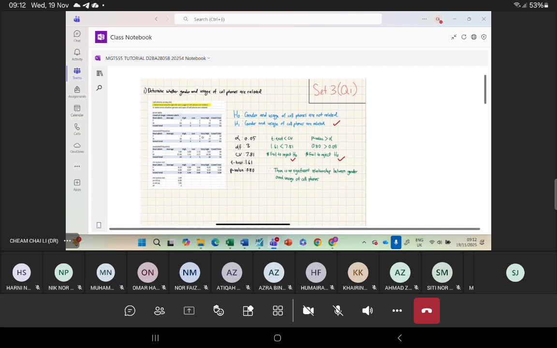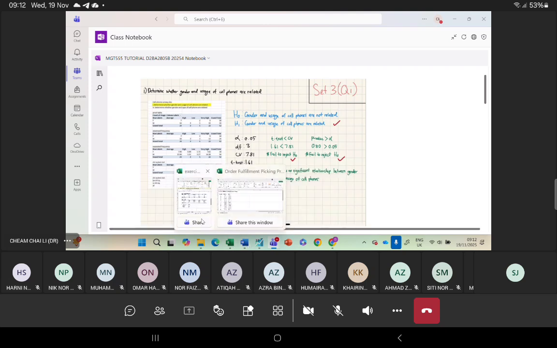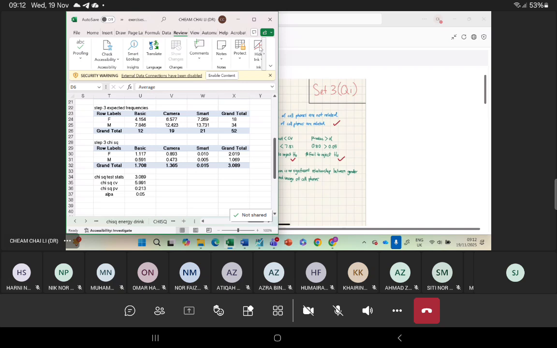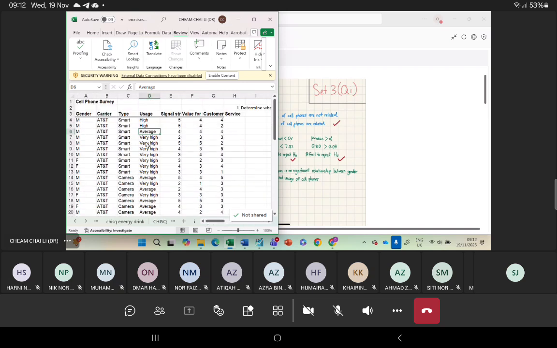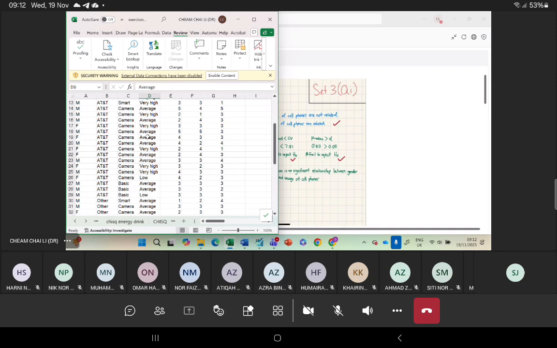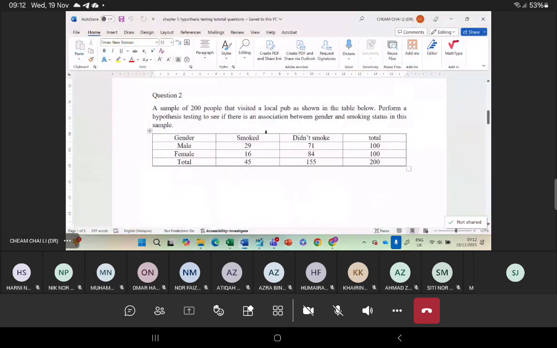frequency. Ya, yang kita buat tu, kita buat pivot table adalah sebab, see, kita ada data yang banyak kan? Kita ada data banyak, so kita kena buat pivot table. But for this question, dia dah bagi kita siap-siap. So you just ambil yang ni, and this one becomes your observed frequency, right?